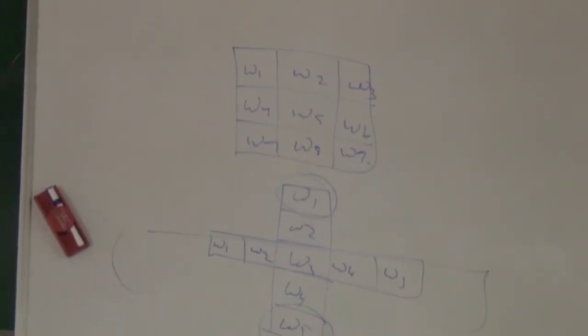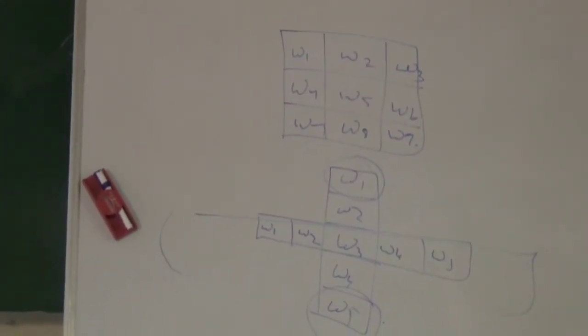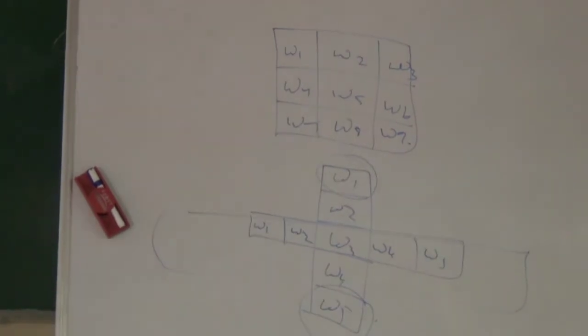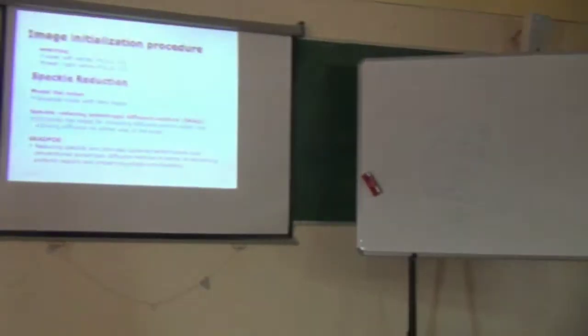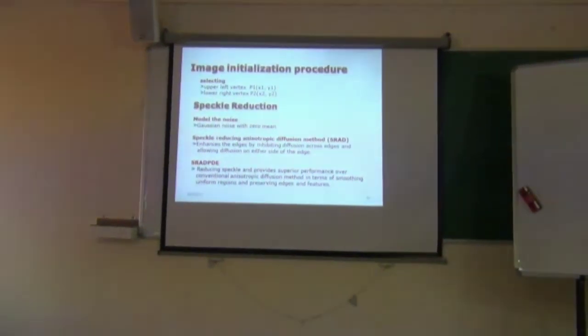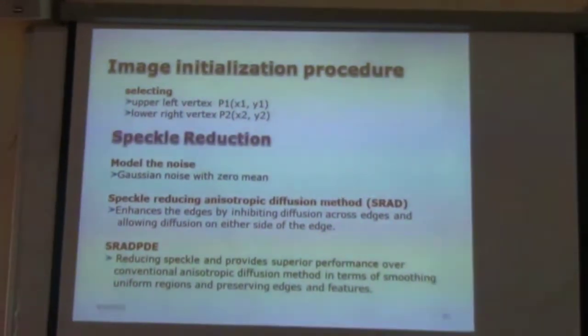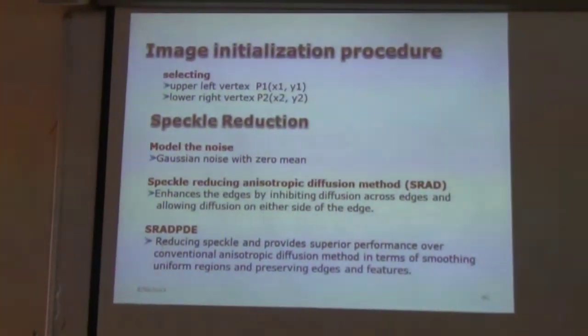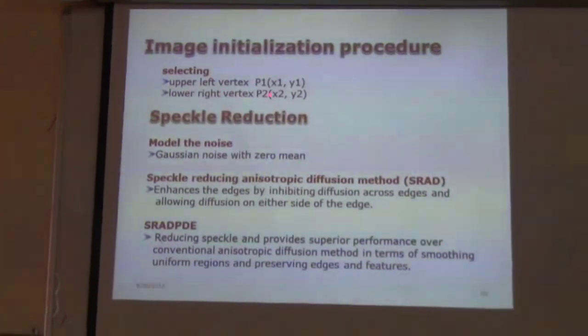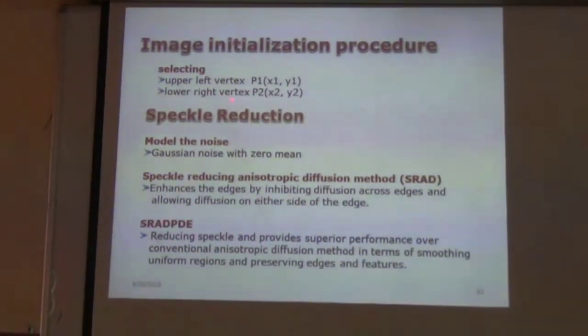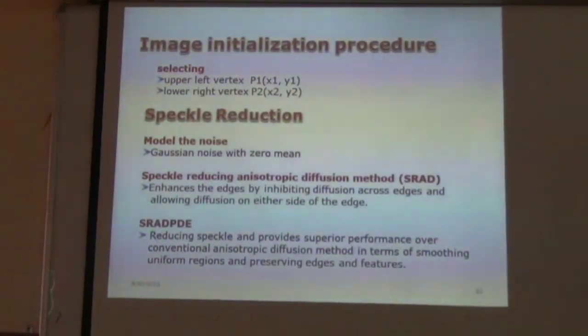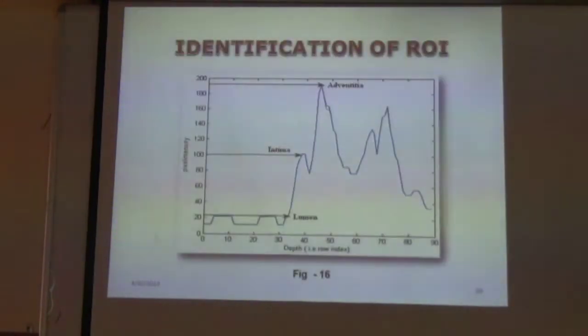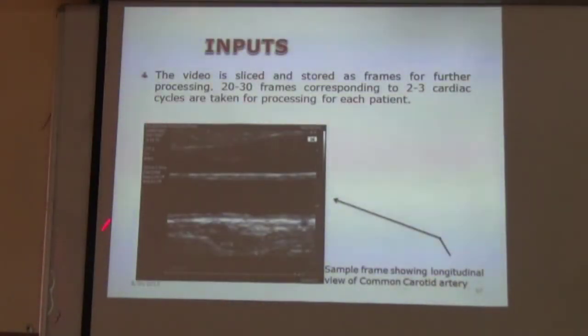Okay, for this active contour segmentation procedure, image initialization has been done in a different way from what it did in dynamic programming. Here, the upper left vertex and lower right vertex have been chosen. Go to that picture. See here.